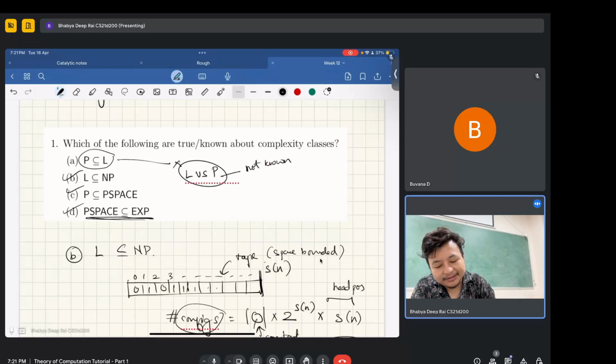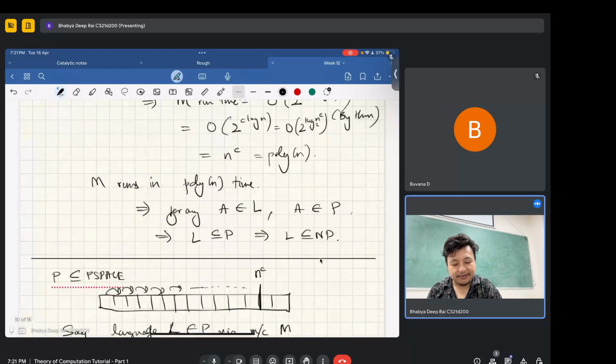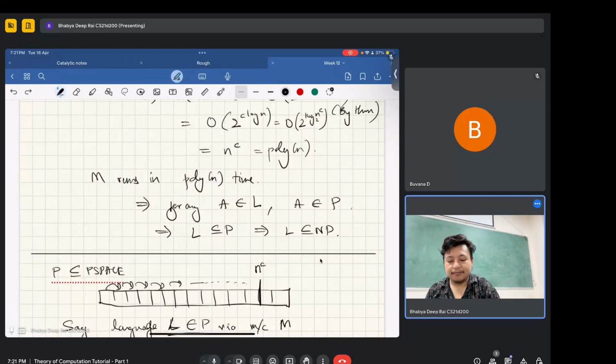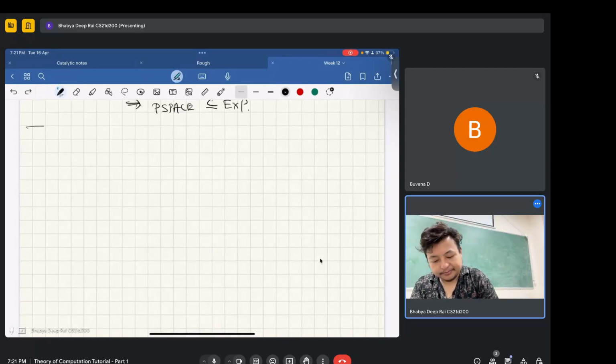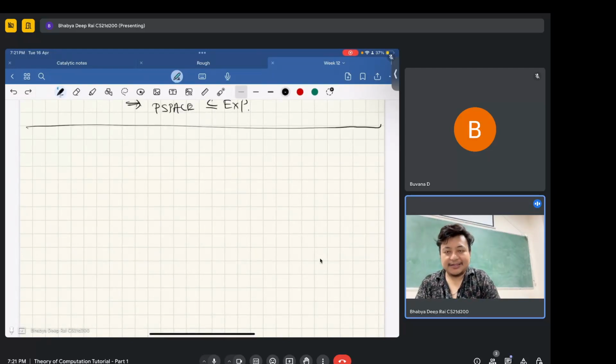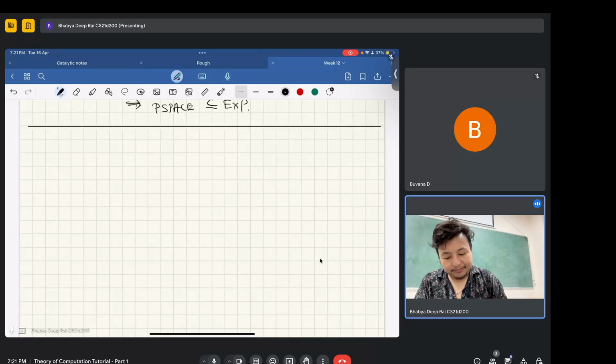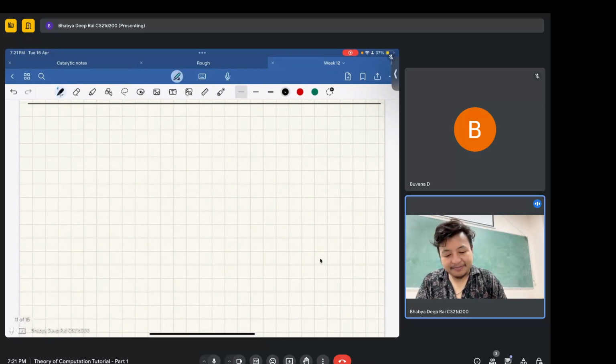All that is known is the following, that L is contained in P, and we know this because we showed it just now using the theorem. Now that we've talked about these classes, I want to give you a diagram which will help in remembering these.